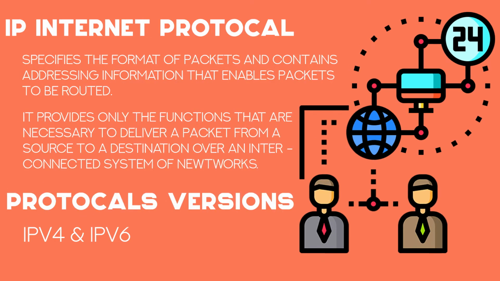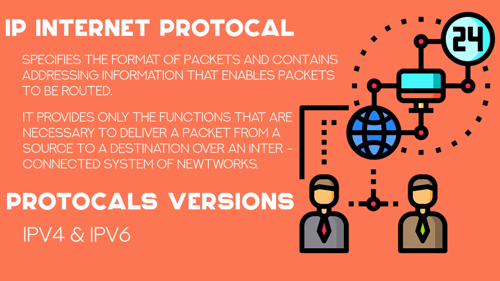The Internet Protocol specifies the format of packets, and it contains the addressing information that enables the packets to be routed correctly. In simpler words, it tells the format of packets and contains addressing info, like where the packets are coming from and where they should be sent.